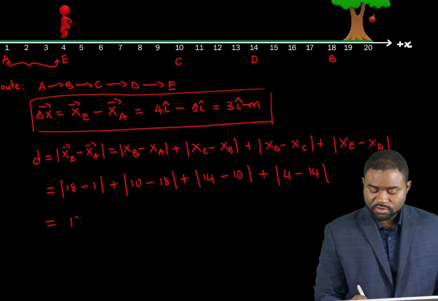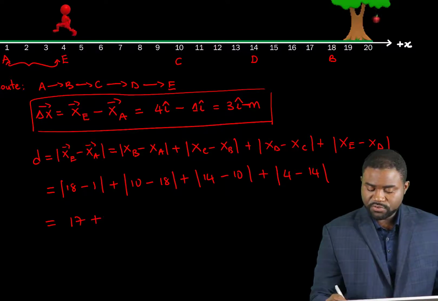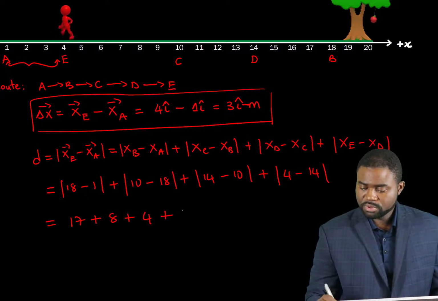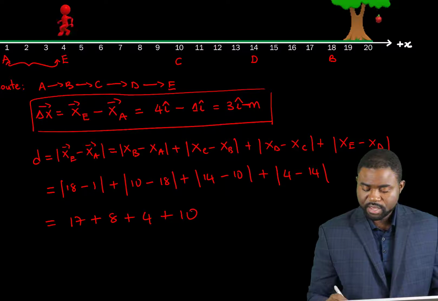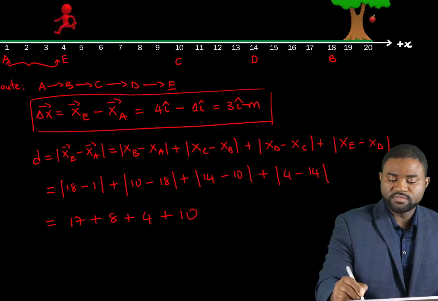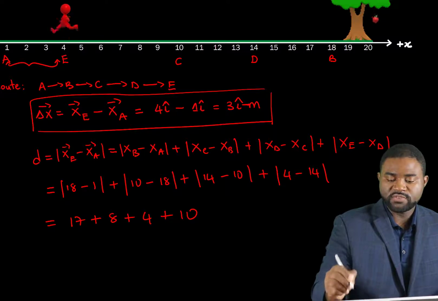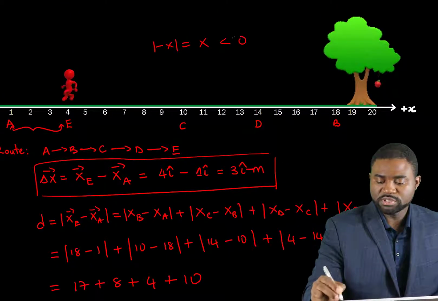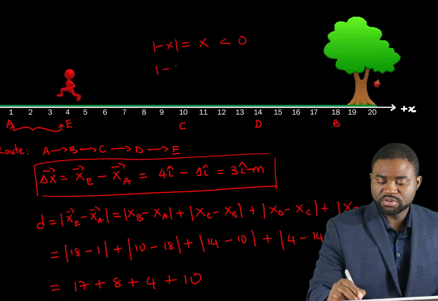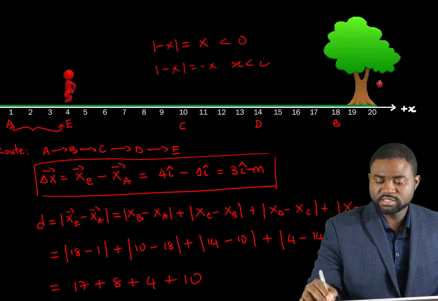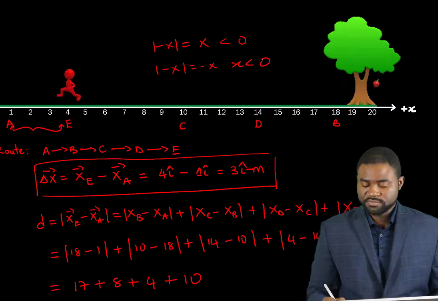So this will give us 17 plus 8 plus 4 plus 10. Keep in mind that the magnitude of negative x is just going to be x: if x is positive, the magnitude is x, and if x is originally negative, the magnitude is negative x.